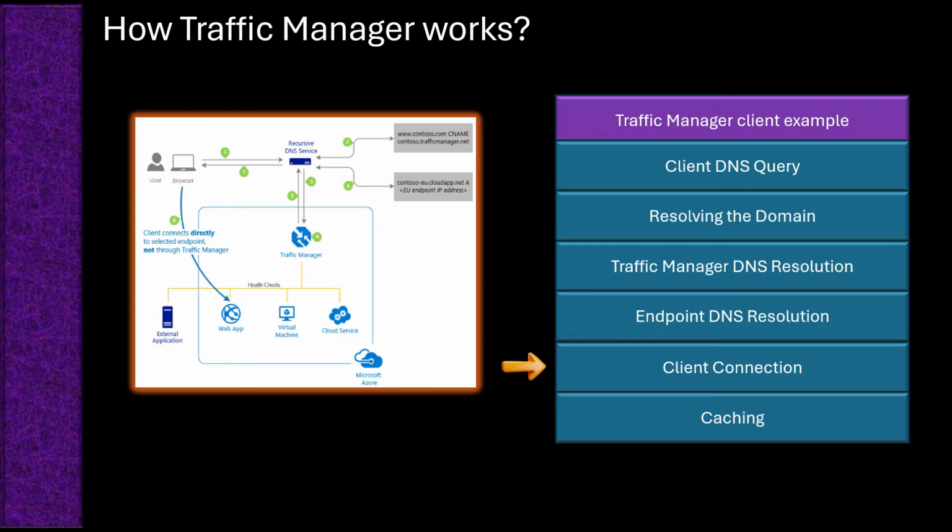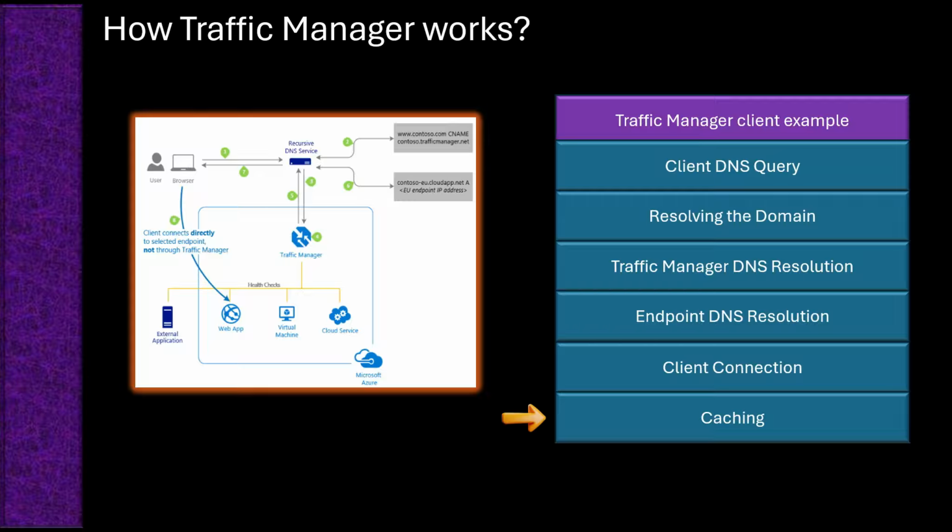The client uses this IP address to connect directly to the application endpoint, bypassing Traffic Manager itself. If the endpoint is secured, the client completes an SSL/TLS handshake and then issues an HTTP GET request for login.aspx.